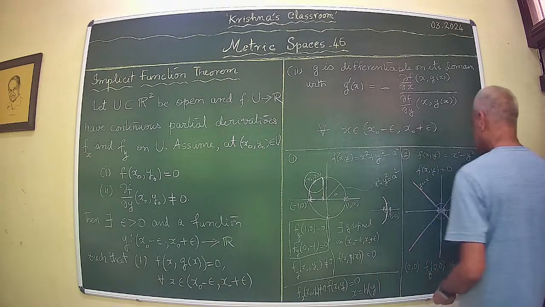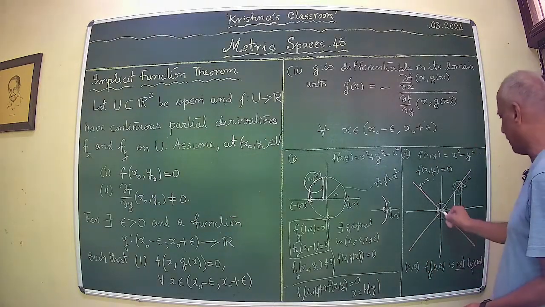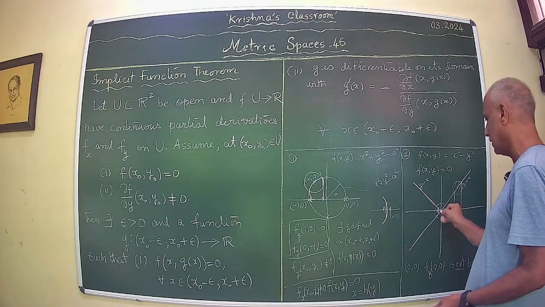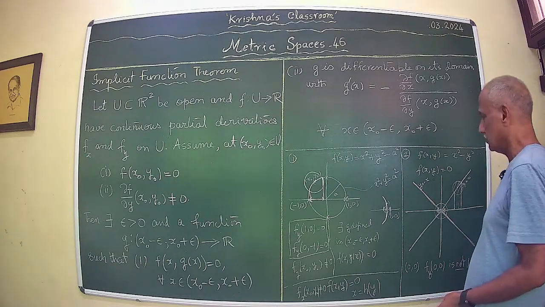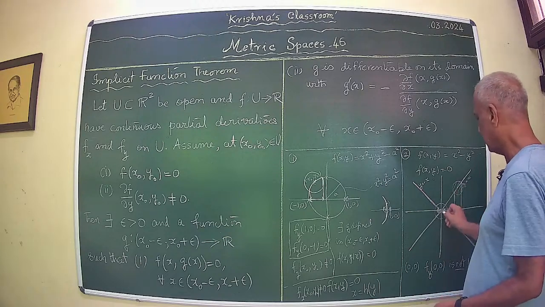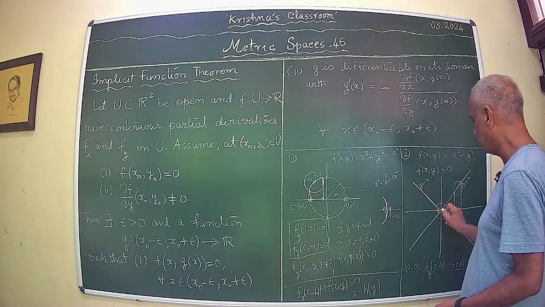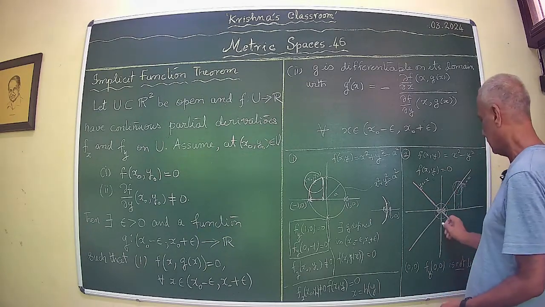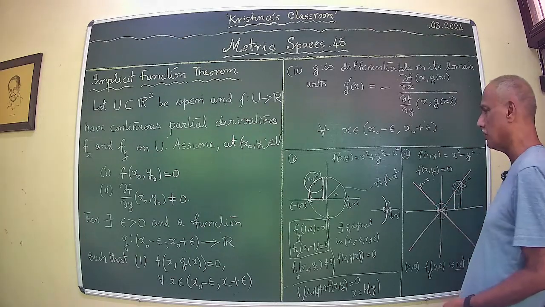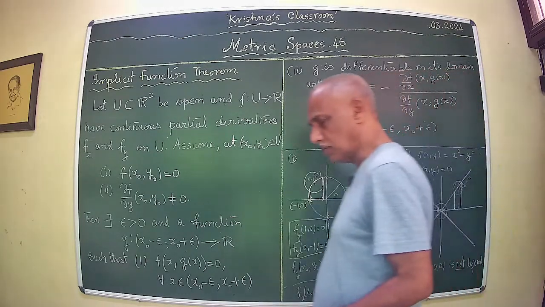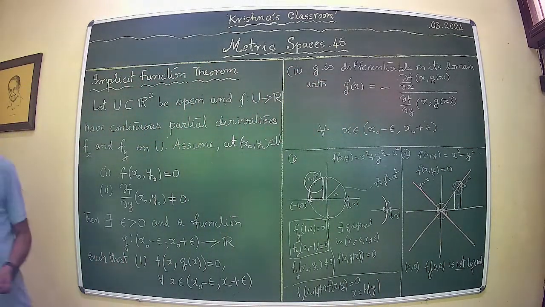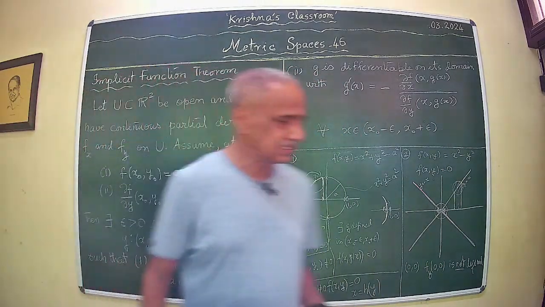What I want to say is both F_y and F_x are 0 at this point. That's the difficulty. So you won't get this in the neighborhood of this point, either in the x neighborhood or in the y neighborhood. This does not solve y as a function of x or x as a function of y.